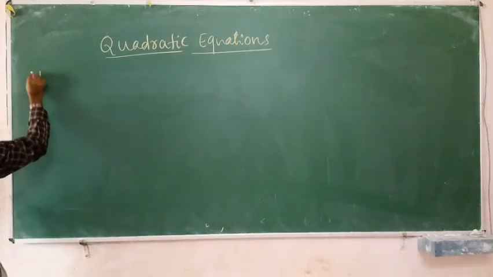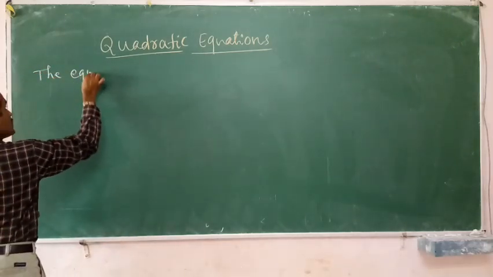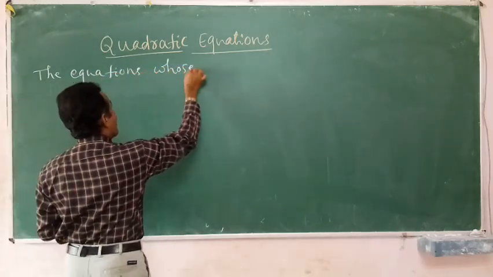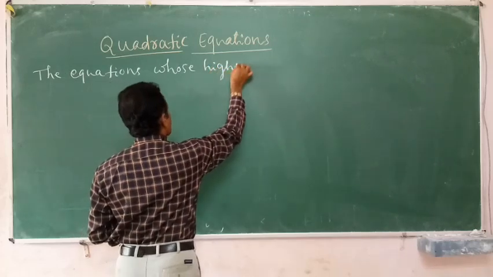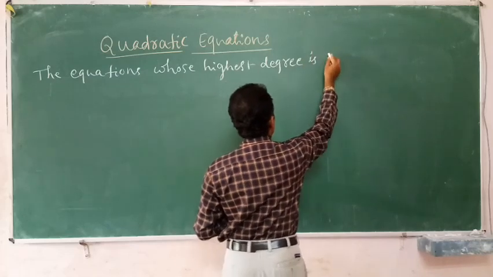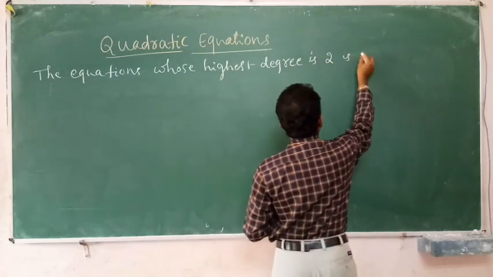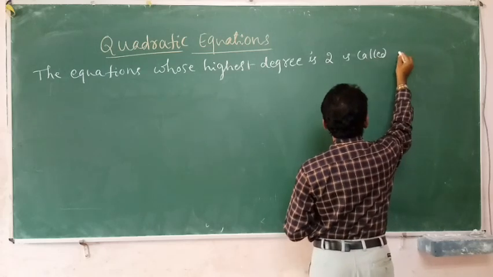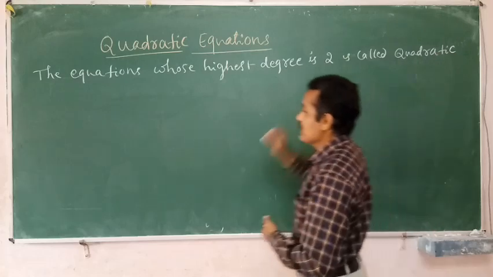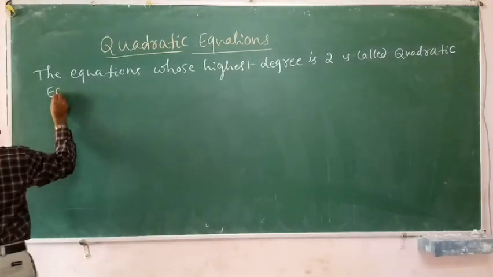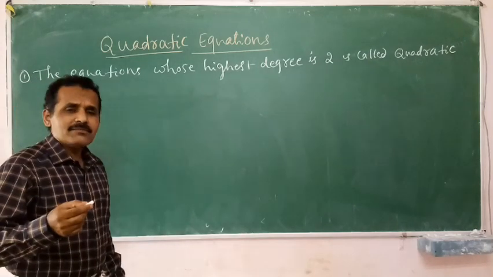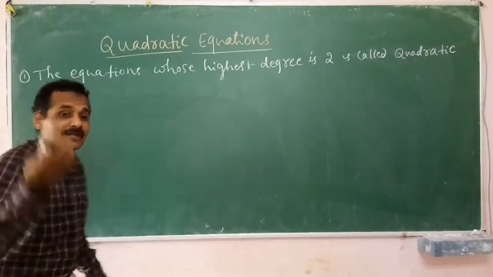The equations whose highest degree is 2 are called quadratic equations. This is one definition we can give for the quadratic equation. The same quadratic equation can be defined in another way also.